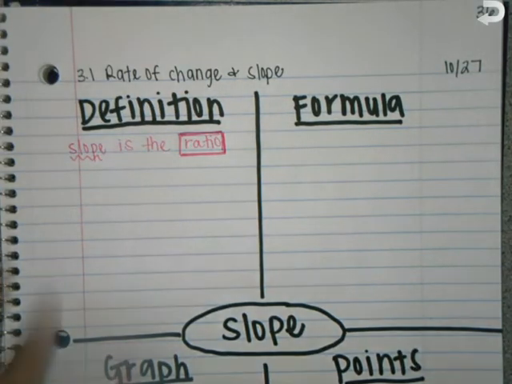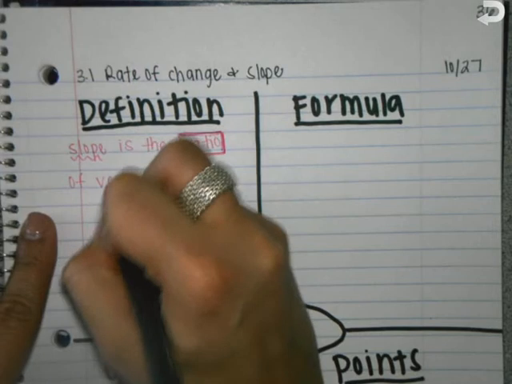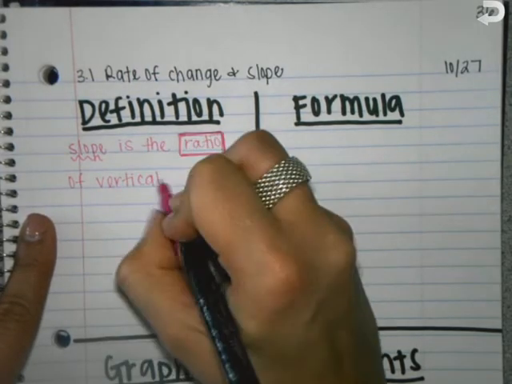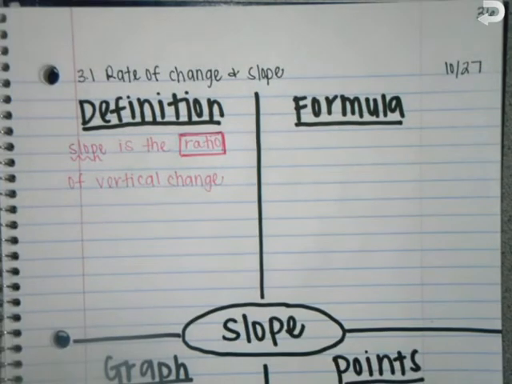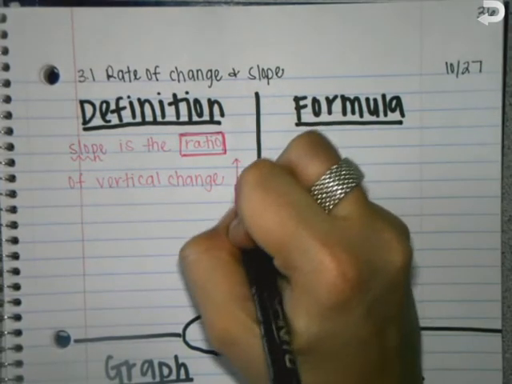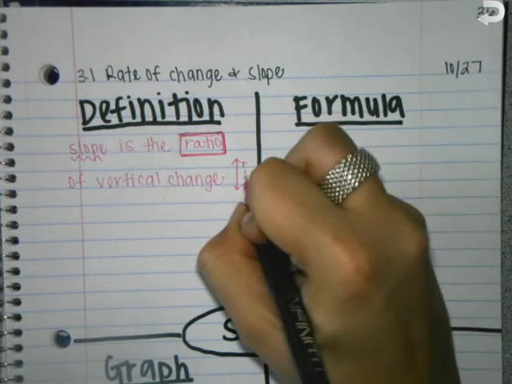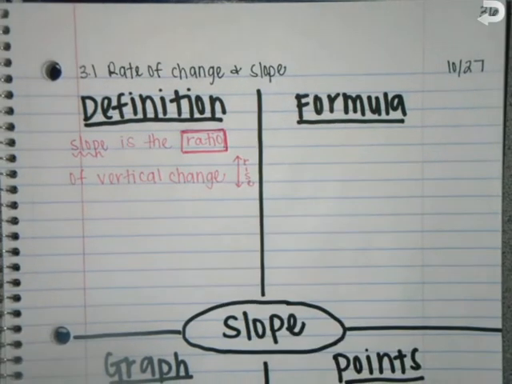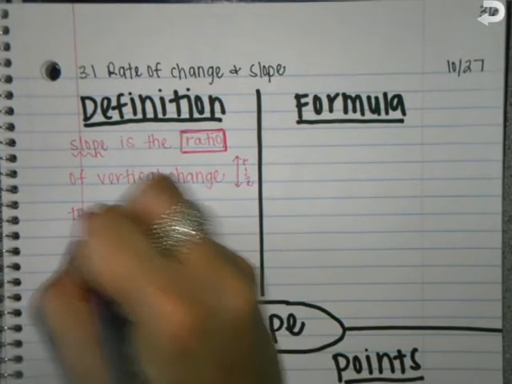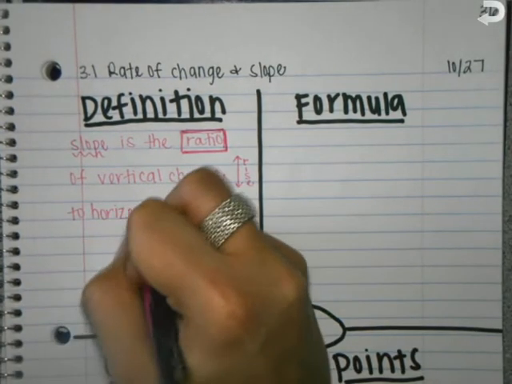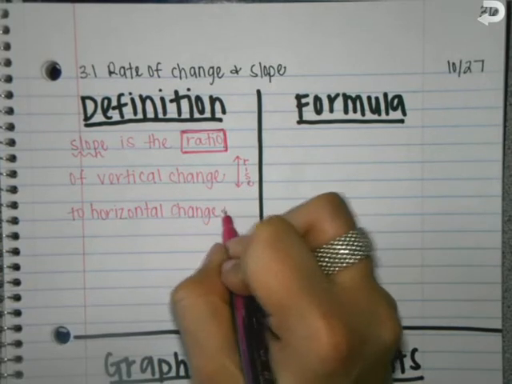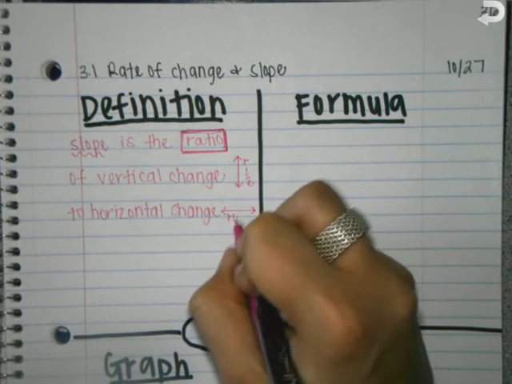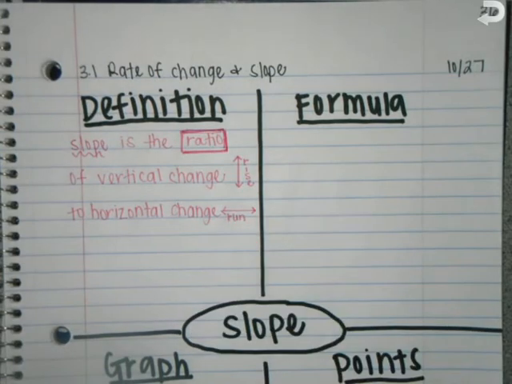So slope is the ratio of vertical change, and vertical is the change in the y's, so up and down. We also call that the rise. Rise, meaning up and down, because you rise. To the horizontal change. Horizontal is left to right, and we also call that the run. So a lot of you guys are putting that together now.